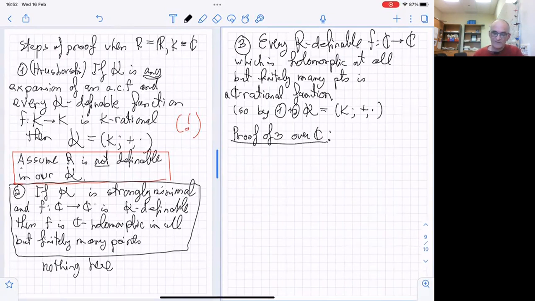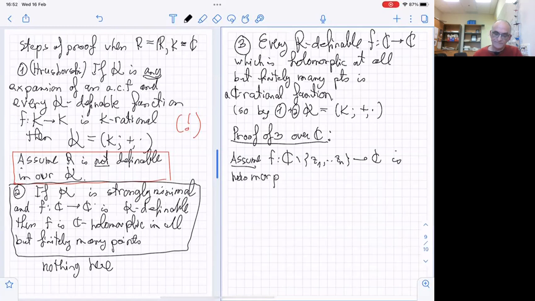So we assume that F from C to Z1 minus Z1 to Zn into C is holomorphic and definable in an O-minimal structure.